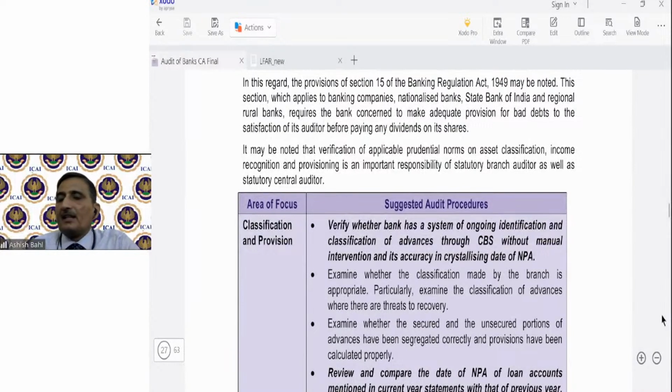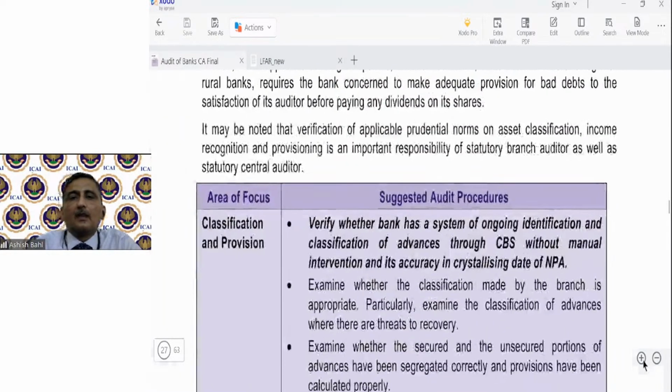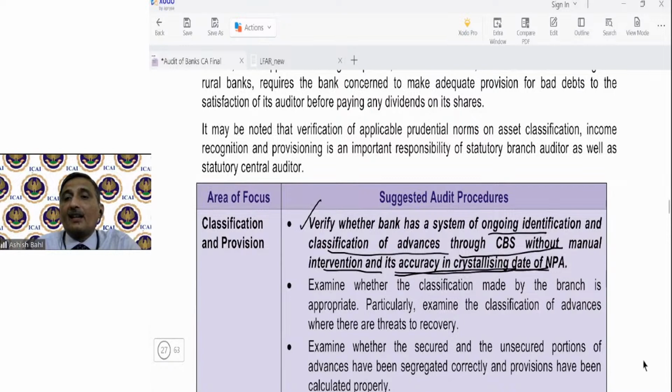So what are the audit procedures in this regard? Verify whether the bank has a system of ongoing identification and classification of advances through CBS without manual intervention, and its accuracy in crystallizing date of NPA. Okay, that you have to see that when the bank is classifying an account as NPA, that date is correct or not, that date is proper or not. You can test check and verify.